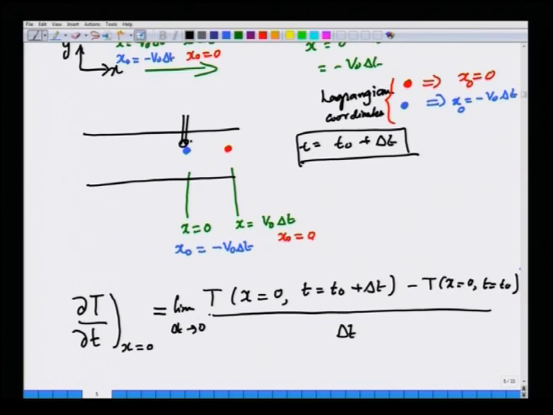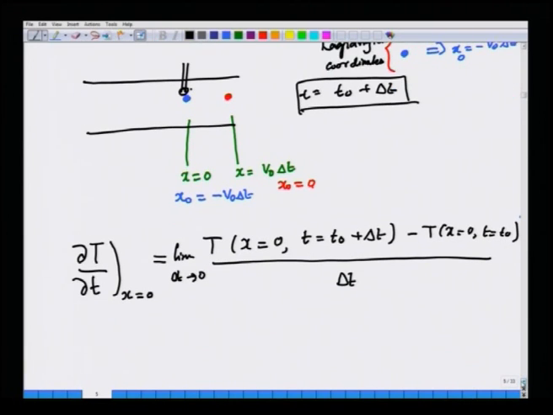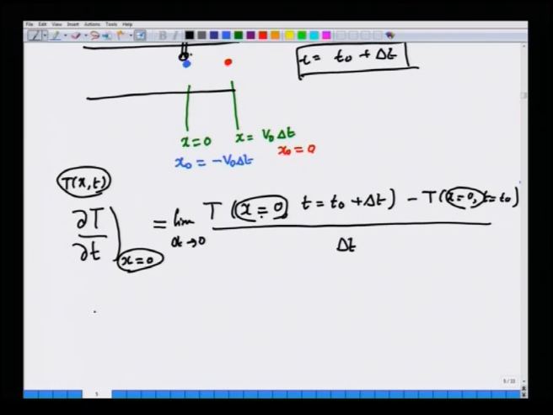This is the fundamental definition of a partial derivative, and since x is kept constant at 0, T is a function of two variables, x and t. This is the Eulerian description. Since x is kept constant at 0, we simply have to take the derivative with respect to time.